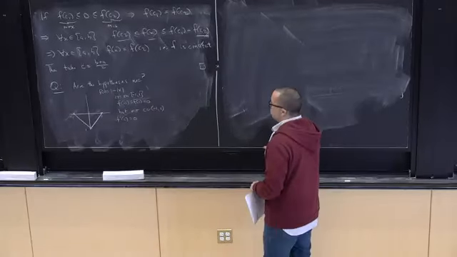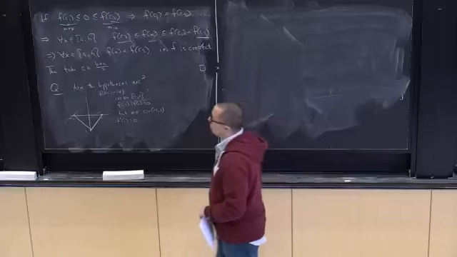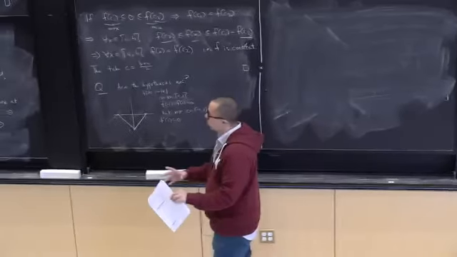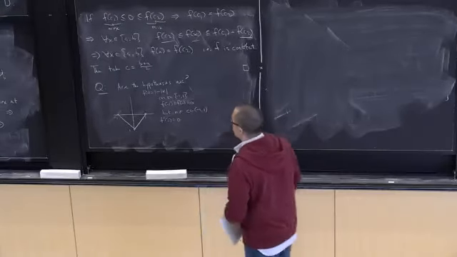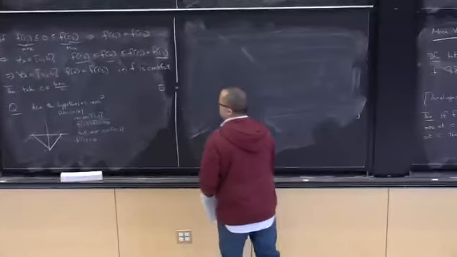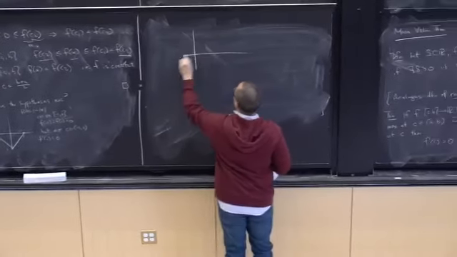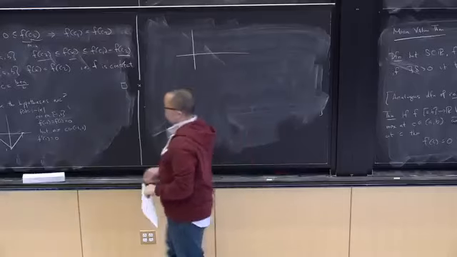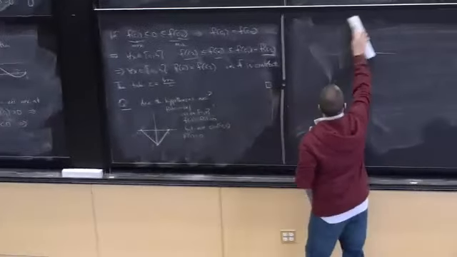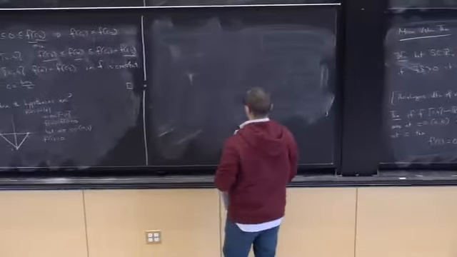Now, the other hypothesis, that the function is continuous on the closed interval, is also necessary. It's pretty easy to come up with a counterexample if I don't assume that.